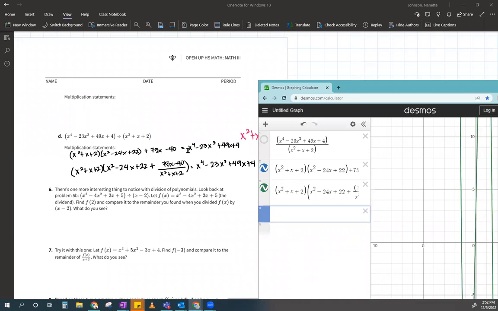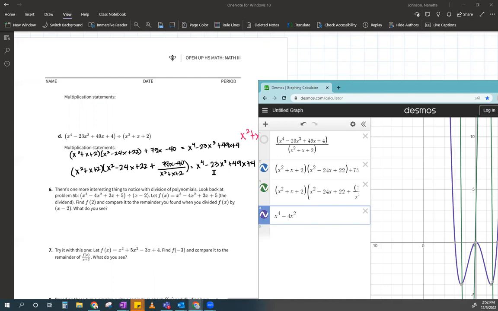The last one that I want to fill in is this because I'm saying they're all equal. So I'm going to write this out as x to the 4th minus 4x squared. Wait, what am I doing? No, I'm doing this.